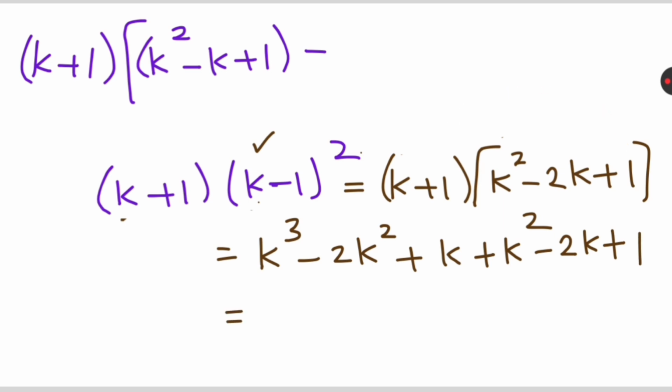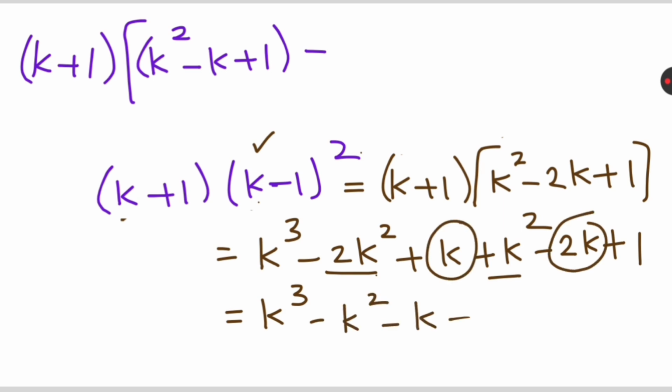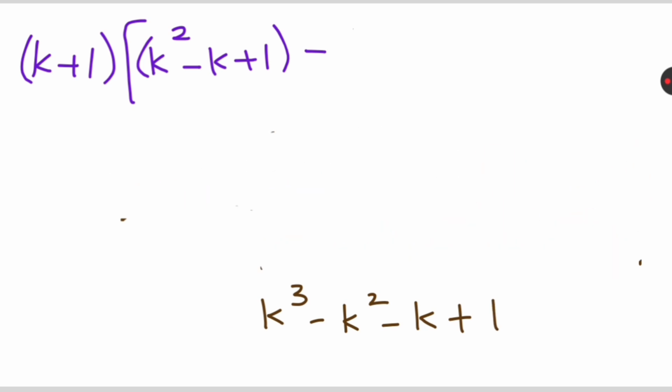Here we have k power 3 minus 2k power 2 plus k power 2, which gives minus k power 2, plus k minus 2k, which gives minus k, plus 1. After doing (k plus 1) times (k minus 1) whole power 2, this is the result. So what we got? k power 3 minus k power 2 minus k plus 1.